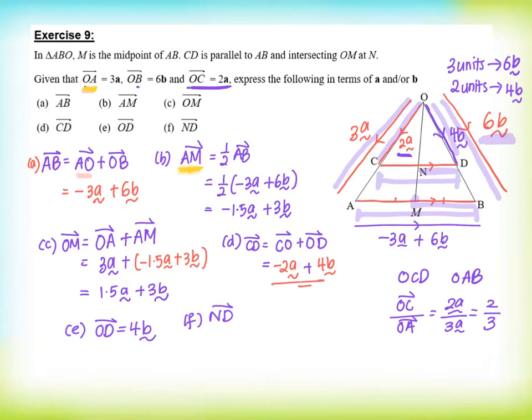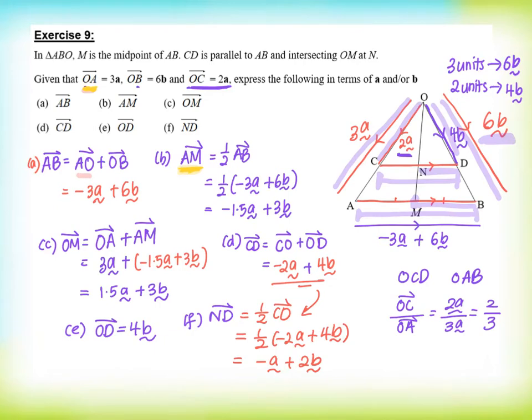So I have established the fact that N to D is half of CD because of similar triangles. So half of CD: C to D is negative 2A plus 4B, and that will give you negative A plus 2B.